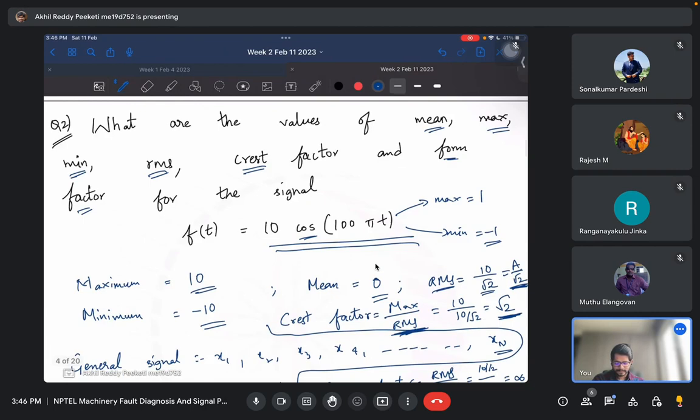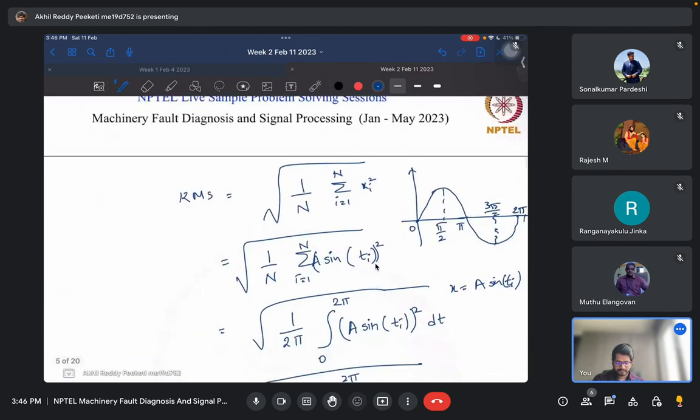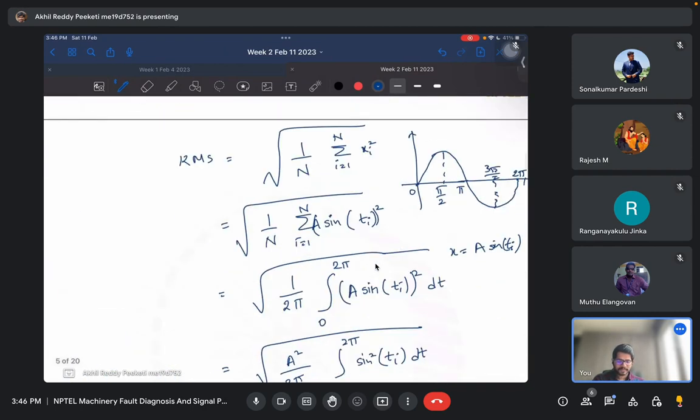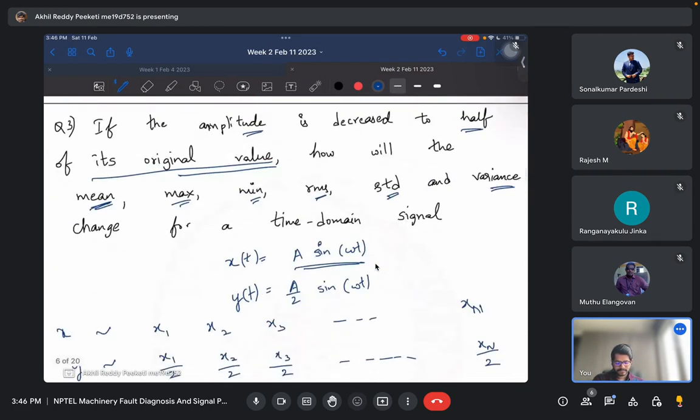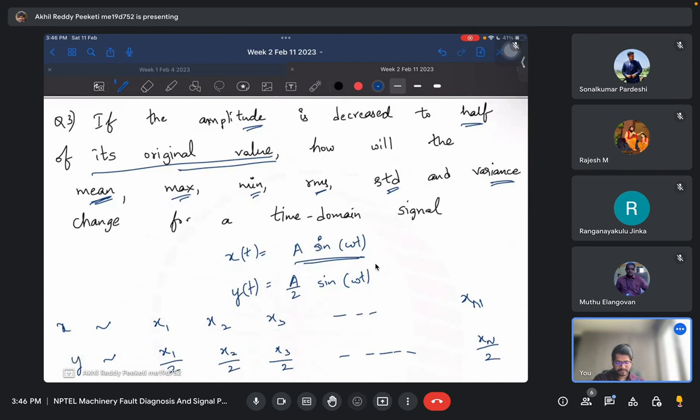We also derived how the 1 by root 2 comes for the RMS. Next we looked at what happens if you change the amplitude, how the other values change.